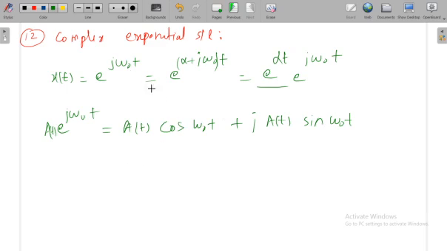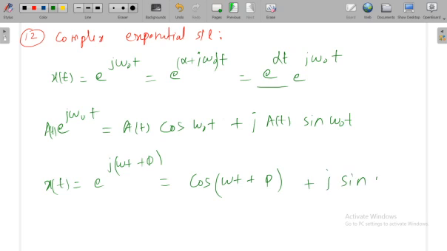And sometimes, instead of omega naught t, they give omega t plus pi. For example, the function could be e power j omega t plus pi. Then again, it's very simple. You can write cos of omega t plus pi, plus j sin of omega t plus pi.